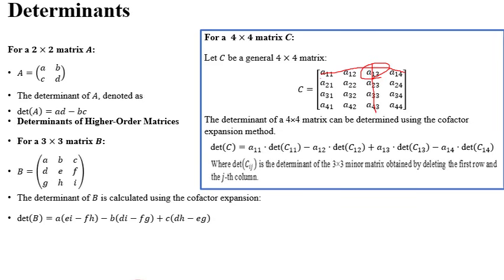And after doing that, you then do the next element in the first row. So don't forget to alternate the sign. Very, very important. So from positive to negative, positive, and this would now be negative. So negative of the fourth element in the first row. Then you also cover the column relative to that element and the row relative to that element.